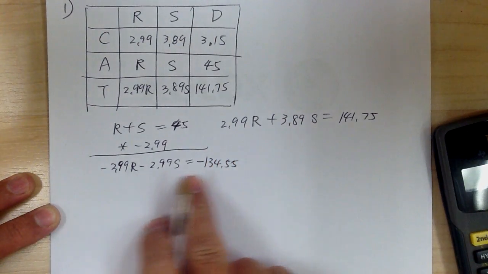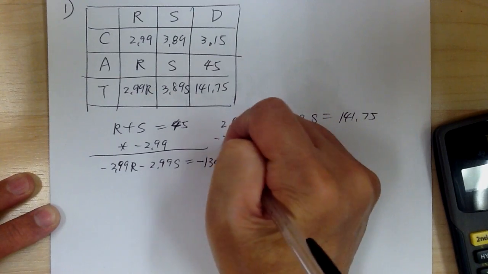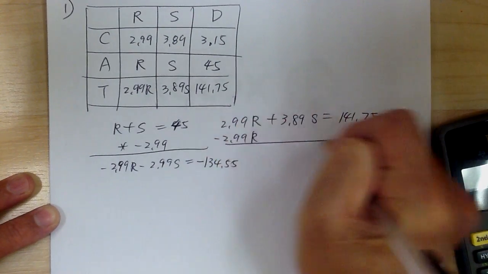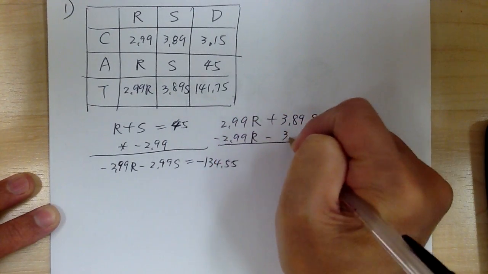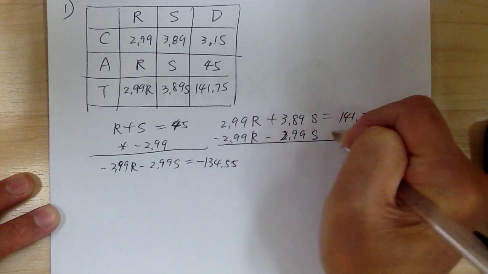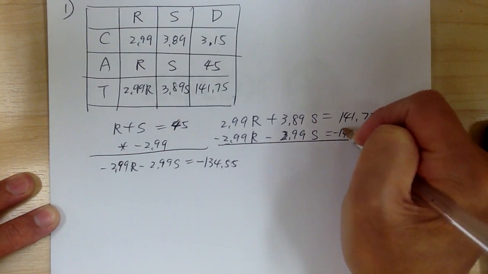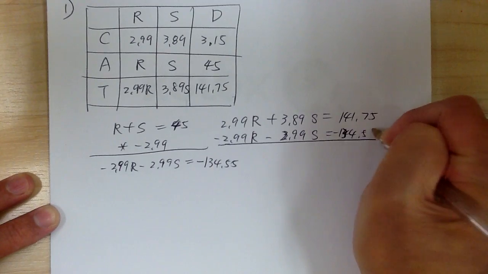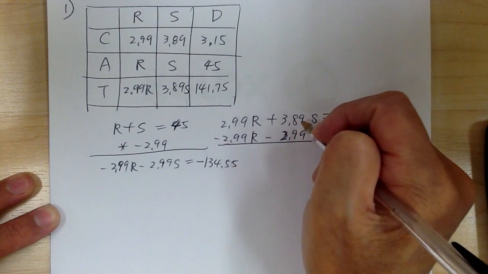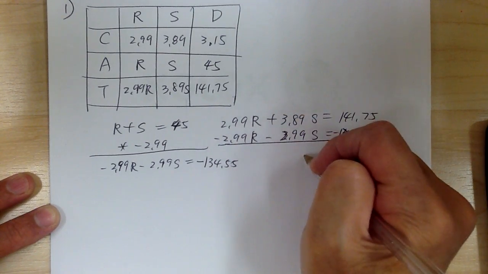Then you go and put this equation under here. You get negative 2.99 R minus 2.99 S equal to negative 134.55.